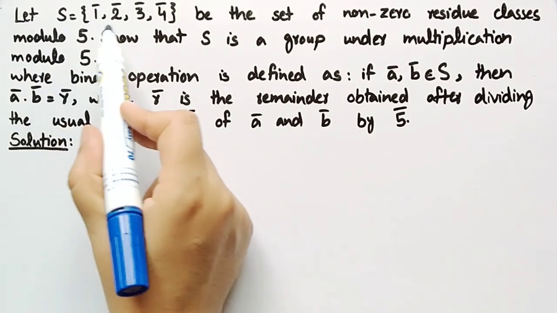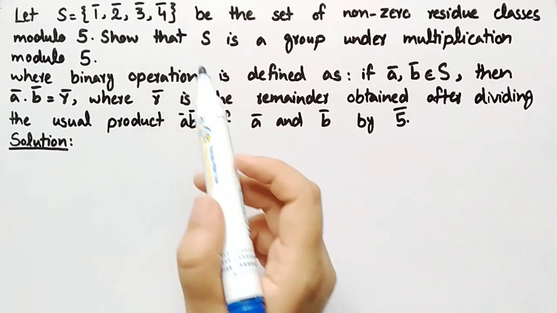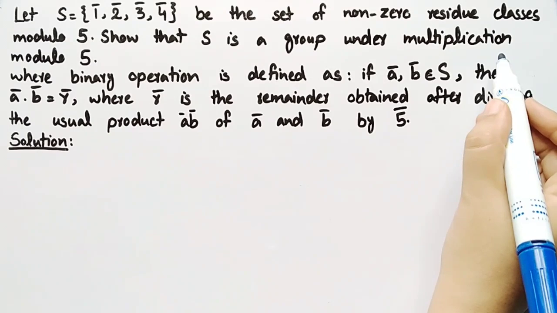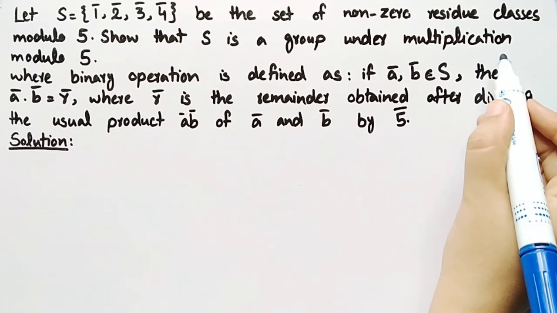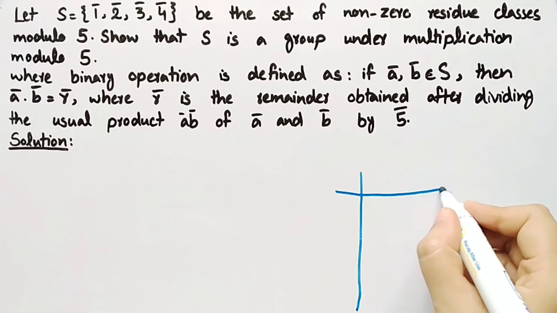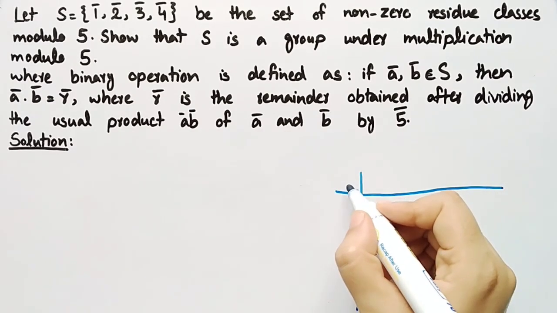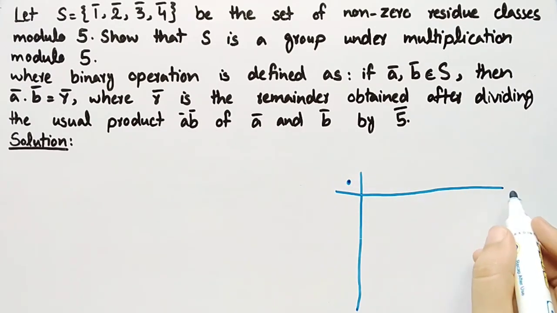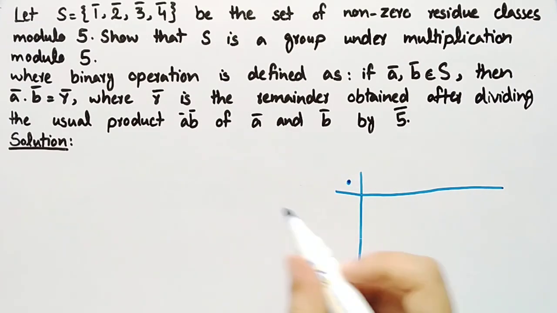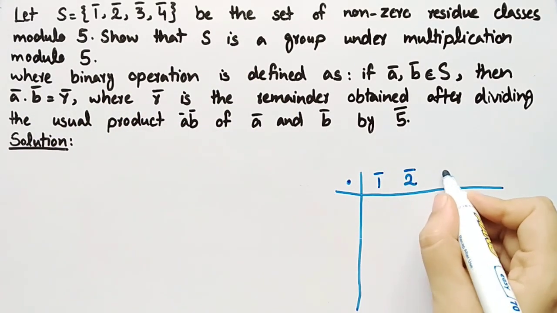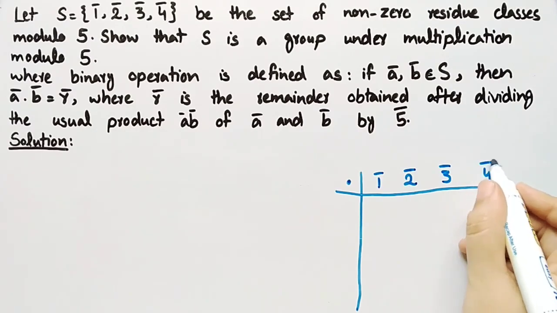Since S has finite elements, we will construct Cayley's table, and since the binary operation is multiplication, we will construct Cayley's table with respect to multiplication. In the top left corner, we will write the binary operation, that is multiplication in this case, and in the first row and first column we will write all the elements of S, that are 1, 2, 3 and 4.